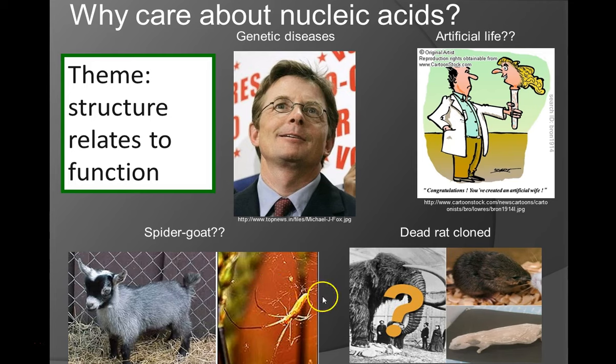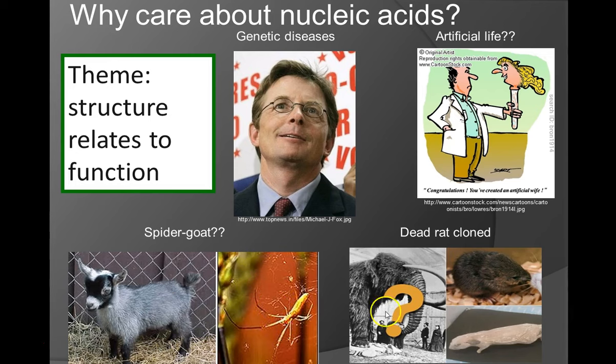It's got instructions for the protein that makes spider silk. They put it in a goat and made it so that silk now comes out of the goat's milk. Making spider goat. But if this goat has the DNA instructions for making the protein with a function, it's going to work. Okay? And then they can harvest that silk much more easily from the goat milk than they can this way.